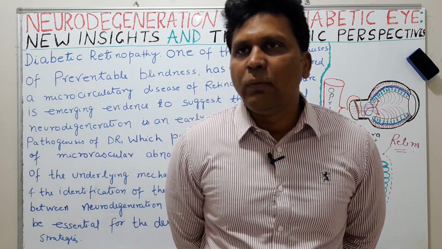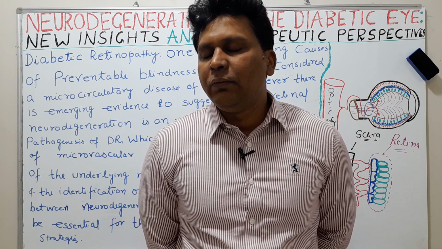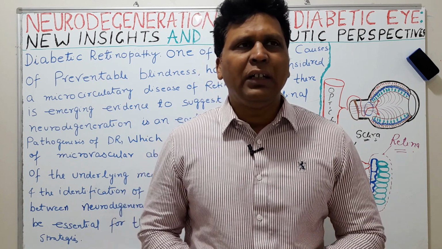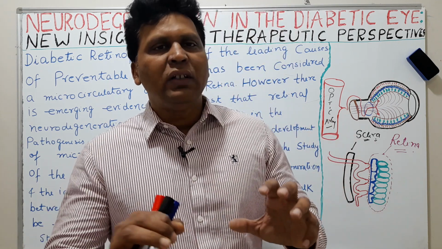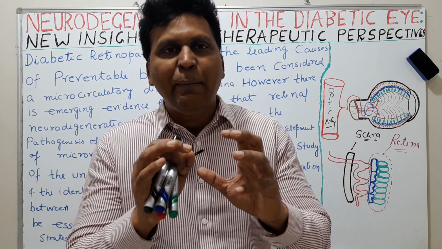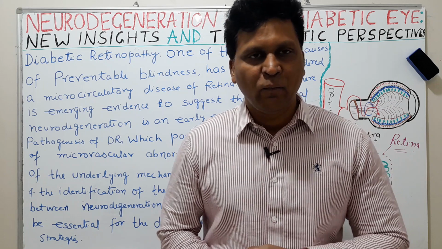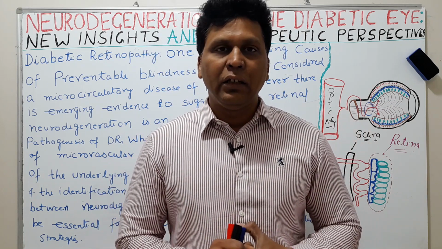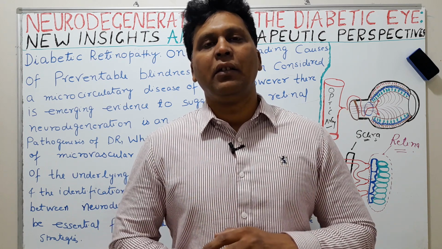Before we go to understand these concepts and difficult words, I am going to explain the real aim and hypothesis of this article. Actually, it is talking about the diabetic eye. Diabetic eye means the retina.